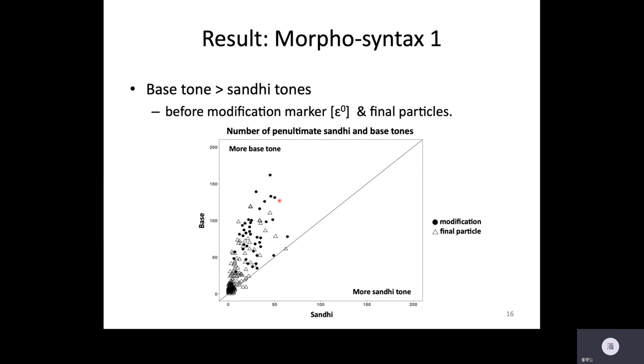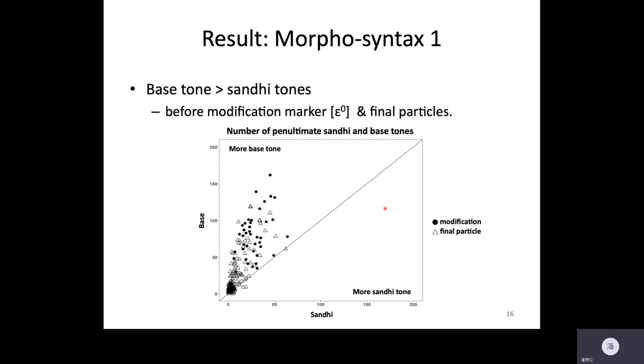And so here are the results of base tone production before modification markers and final particles. On the y-axis are the number of base tone. On the x-axis are the number of Sandhi tone. Each filled circle stands for the number of Sandhi and base tone produced by each speaker before modification marker, and the triangle stands for each speaker's production of Sandhi and base tone before final particles.